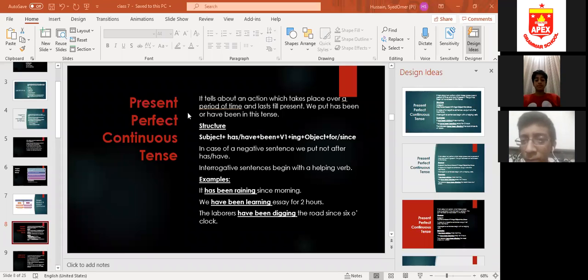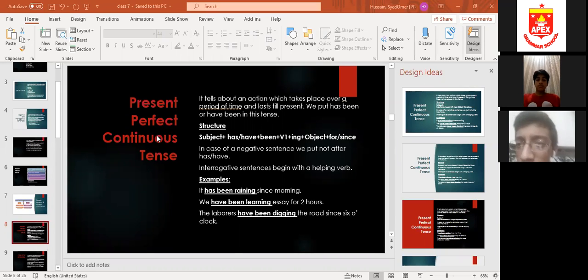Okay? We know that in perfect tense, we are putting the helping verb has or have, right? And we know that in continuous tenses, we are using the base verb with ing. So, two things we are going to join. We have to put has or have of perfect tense and we have to put the base verb with ing in continuous tense.